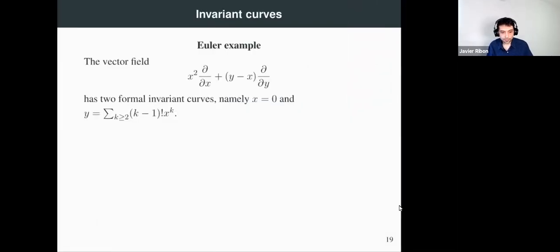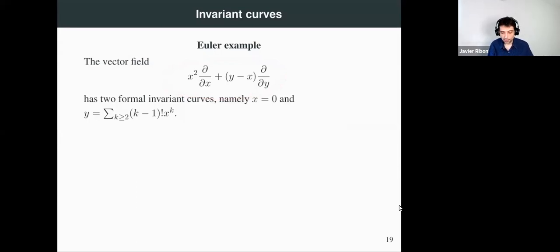Okay, I'm going to talk a little bit about this case because I think it's interesting. And in order to do so, to give some context, I'm going to talk about the Euler example. It's not because this is related to the Euler example, but because it's a similar phenomenon. If you have here this vector field, you have two formal invariant curves.